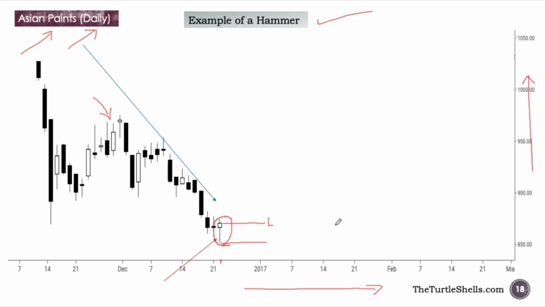The stop loss is nothing but a way of protecting my position, because if the price goes below this low, that means I don't want to be in that trade. What I am saying is that this is a single candle bullish pattern, so I don't want my losses to multiply.